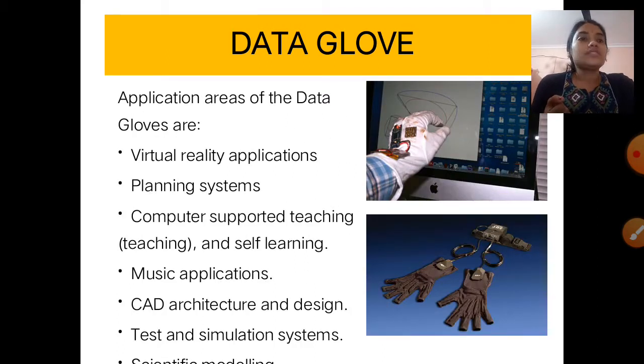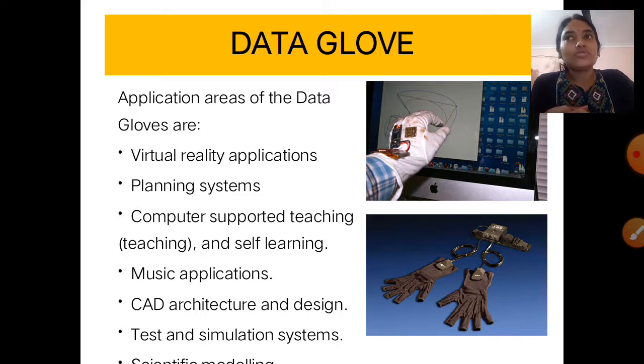This is the example of data globes. These data globes are worn on your hand, palm. Then when we move the hand or elbow or wrist, it can capture all these things in a computer. Now discuss what are the application areas of data globes.